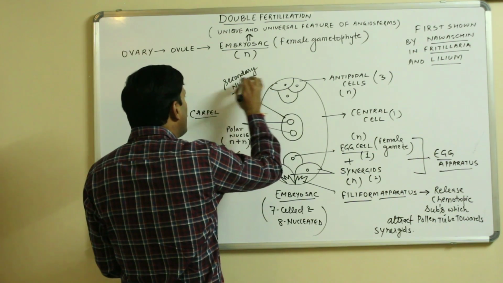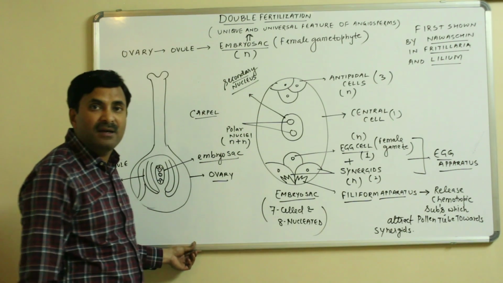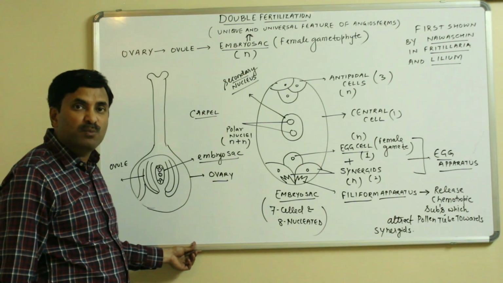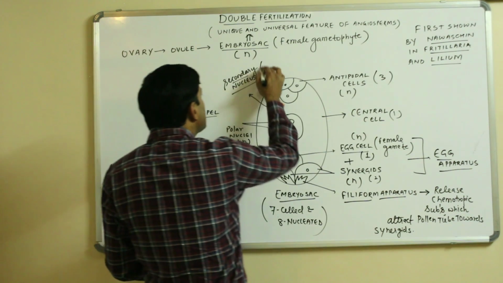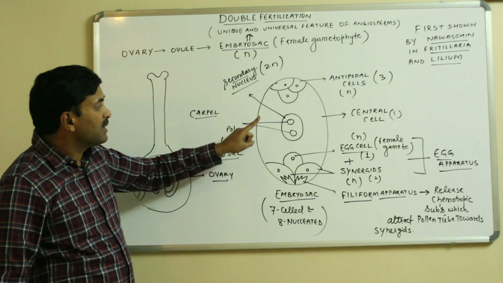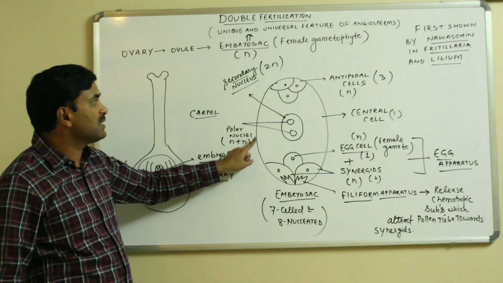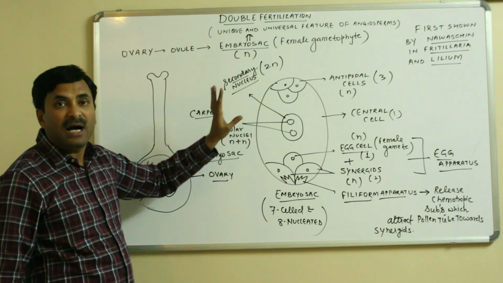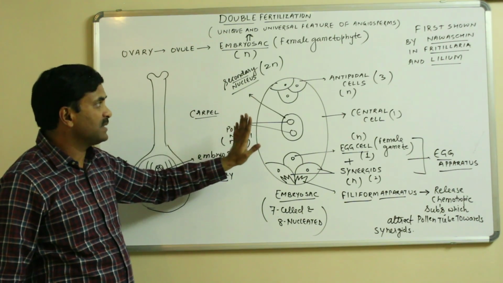Because the secondary nucleus is formed by the fusion of the two polar nuclei, its ploidy level is 2n. But always remember that just before fertilization, the secondary nucleus is formed; otherwise the polar nuclei are present.